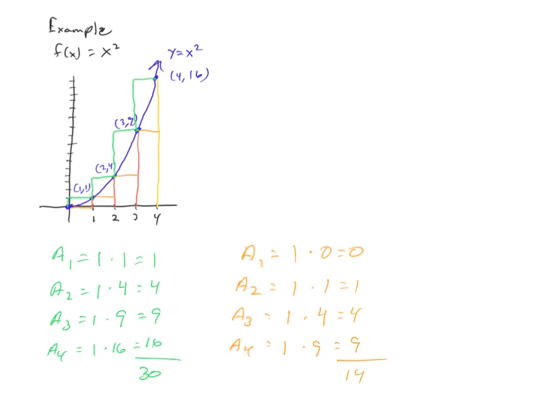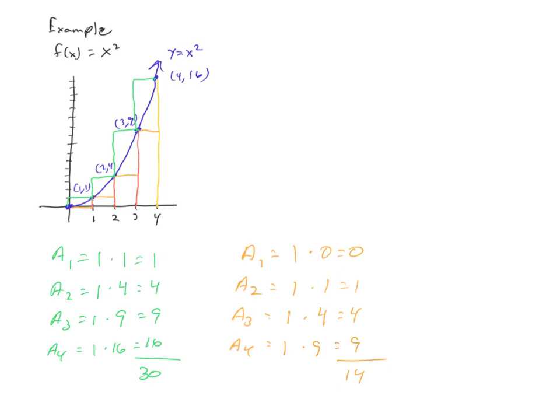So another approximation for the area between the x-axis and the curve y equals x squared would be 14 square units. Now keep in mind, what you saw in green, which we called the upper sum, was also a left-hand sum because we only used the left-hand endpoints of each subinterval. The one in orange was a right-hand sum and is also the lower sum.